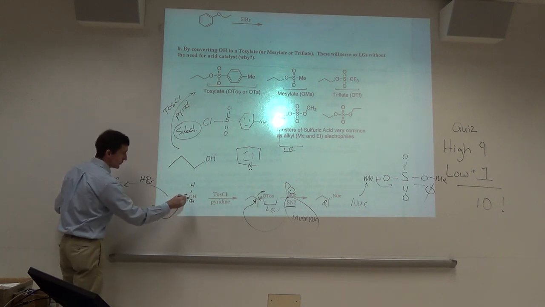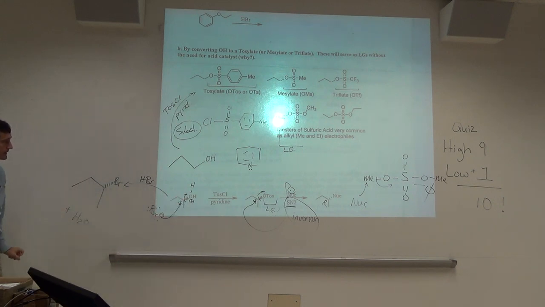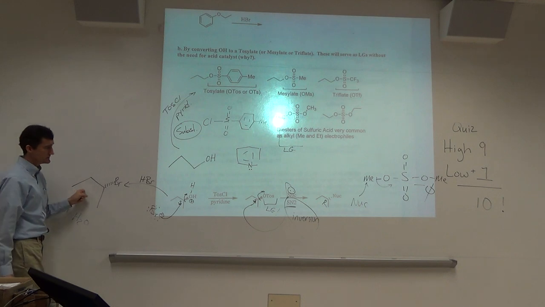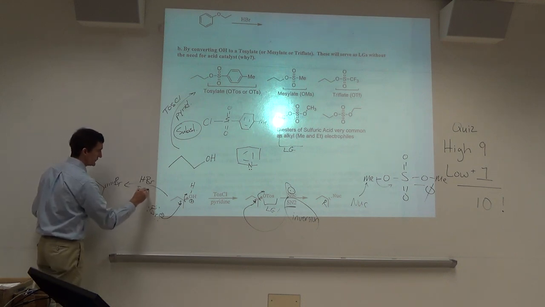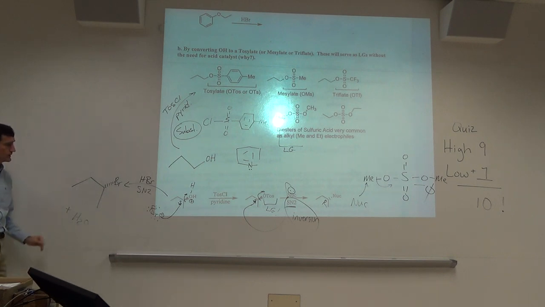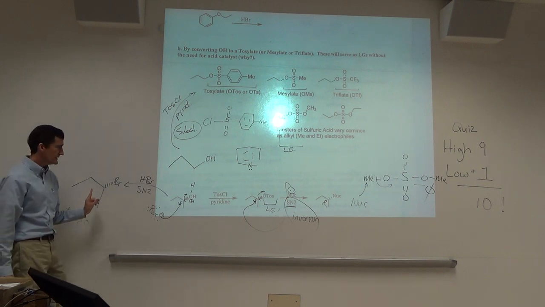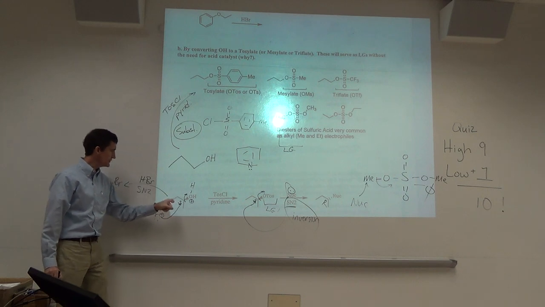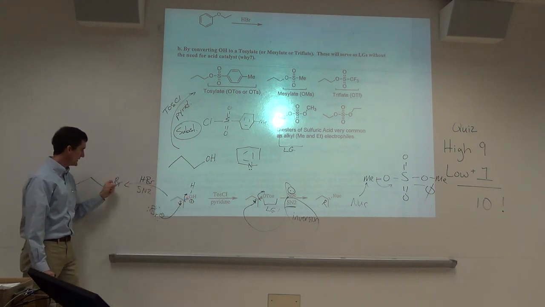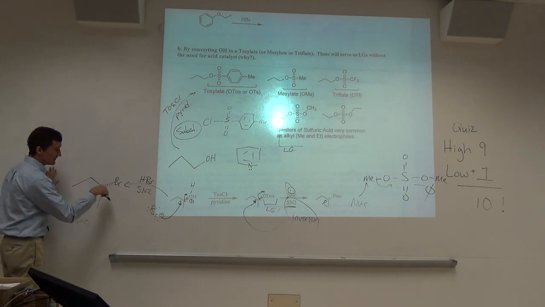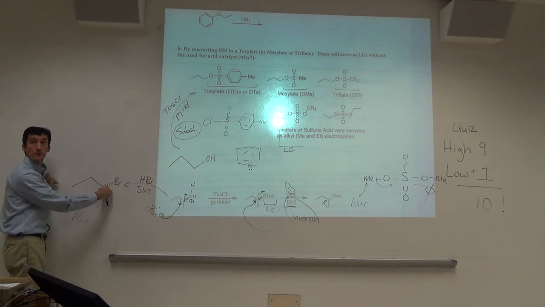Attack here, kick off the water. What does that give? Gives this here. But what mechanism did we just do? SN2. So I actually didn't just convert it to a new leaving group. I actually protonated it to get it to do this. But actually now, we have a better leaving group.